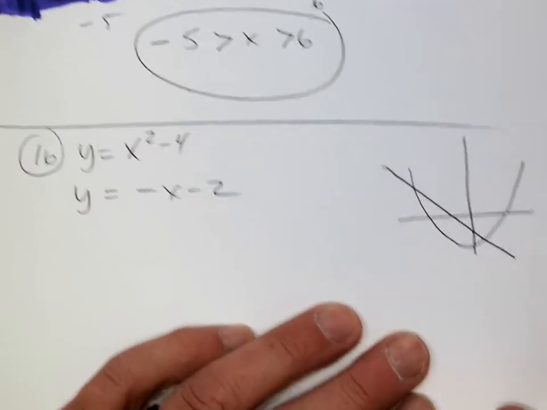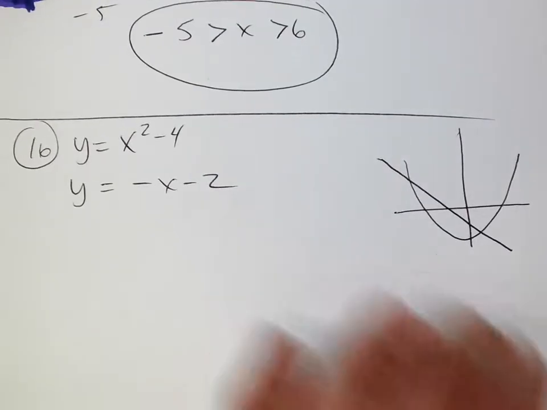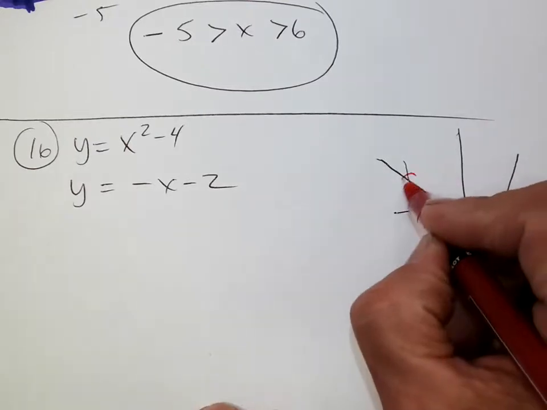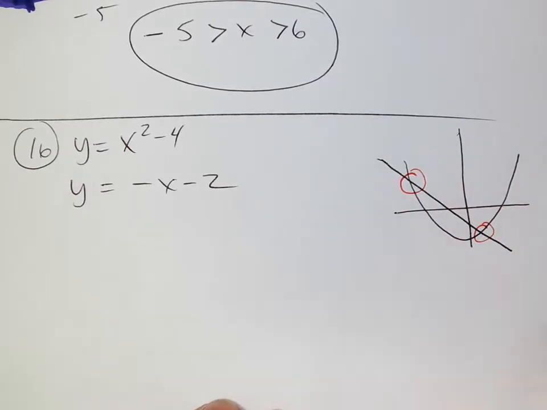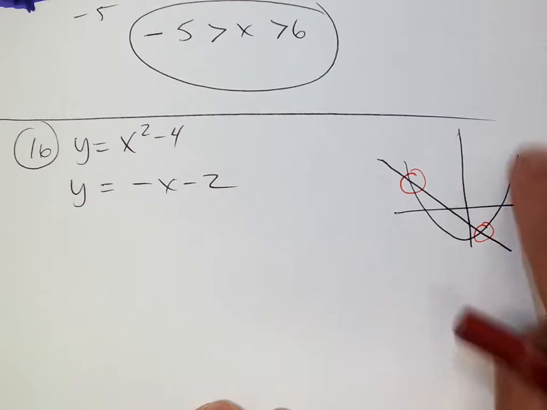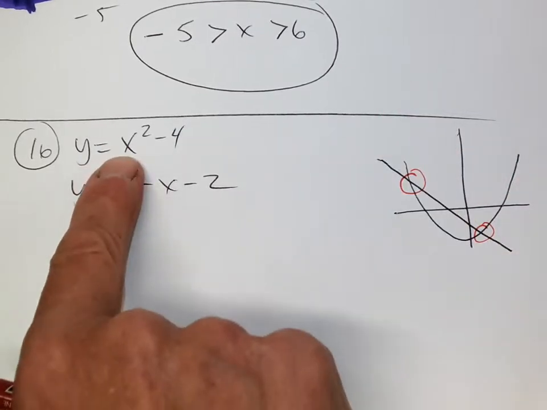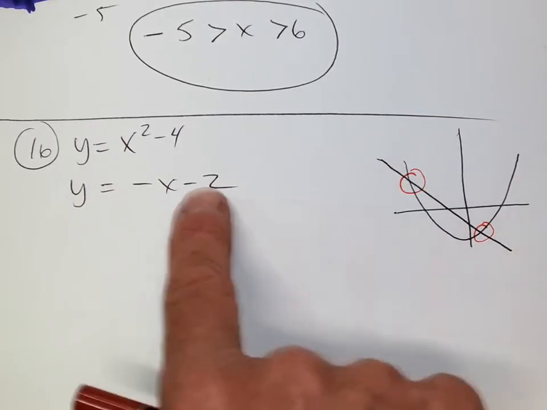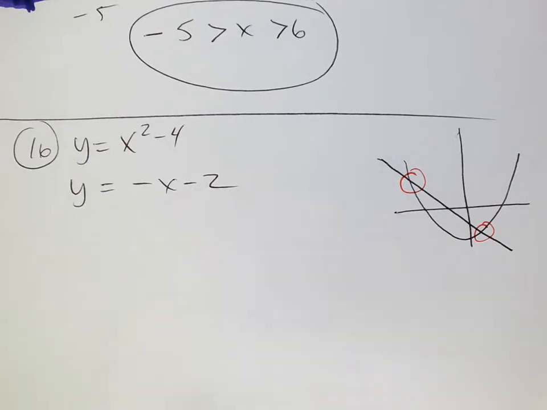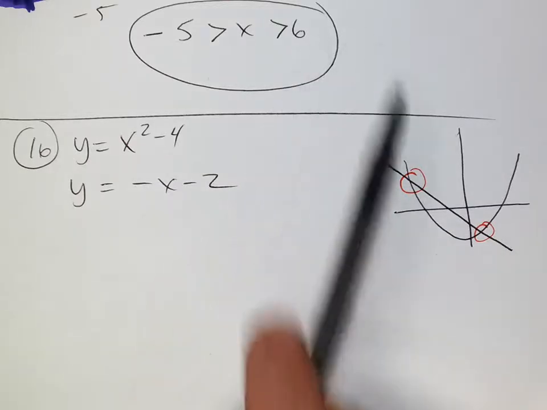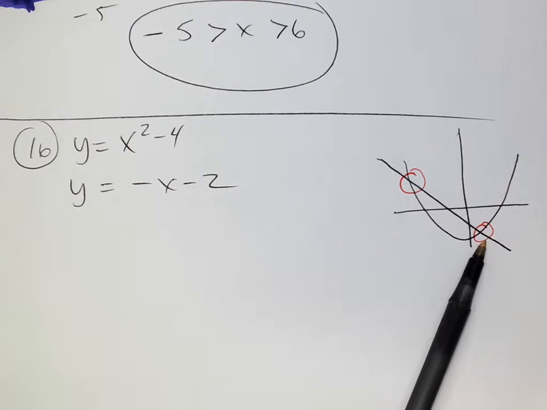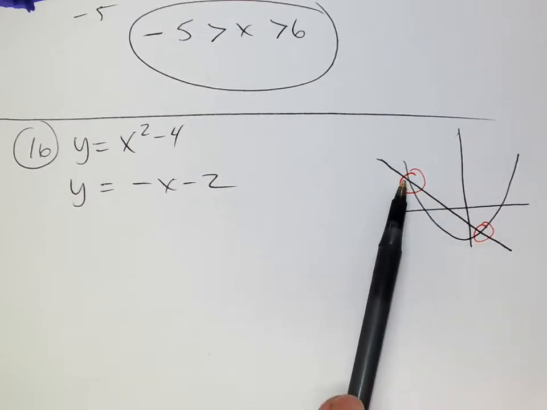Visually, there are 2 points of intersection. I've got a parabola from the x squared, and I've got a straight line from the linear. Now, there are 2 ways to do it. One, we could use the calculator and do the intersect button, but there's a faster way, and that's to just use the algebra. What's going on is the two graphs are equal at these 2 points.